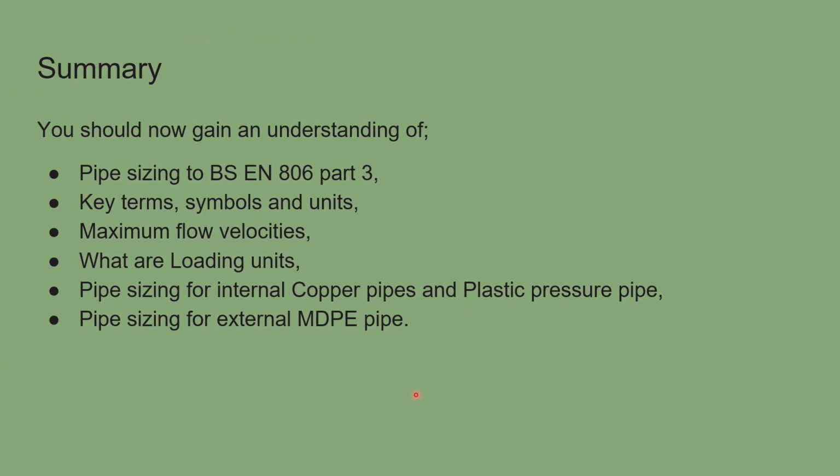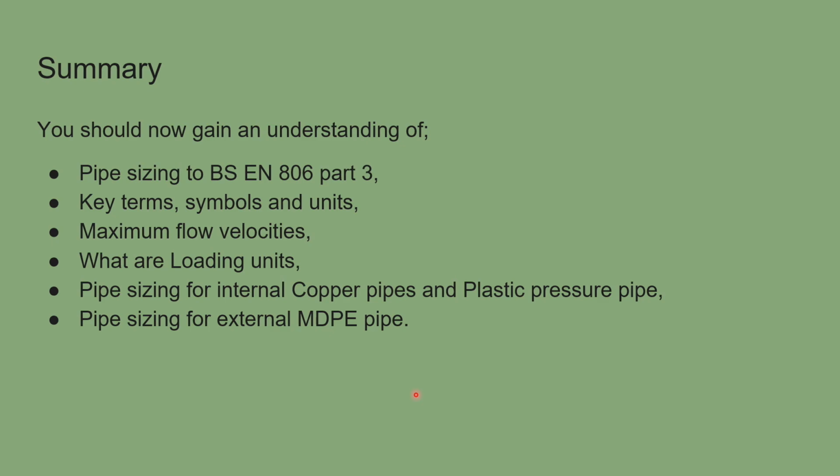So in summary, you should now have a better understanding of how to use the pipe sizing in BS EN 806 Part 3. The key terms, the symbols, the units, maximum flow rates of velocities, what are loading units, and you should be able to, in theory, size a cold water main for your property or your dwelling that you are in.